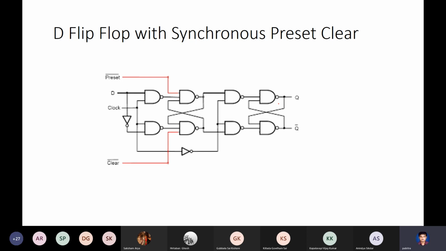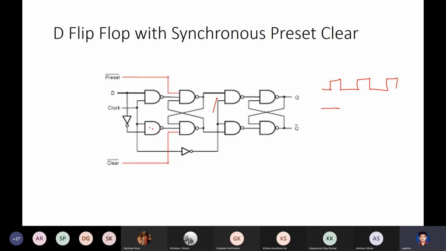You can also have a synchronous preset clear. That means it will preset and clear, but only at the clock edges. Only at the clock edges it will preset and clear. So the asynchronous was anytime it can preset and clear. So what is your output? This is your clock.